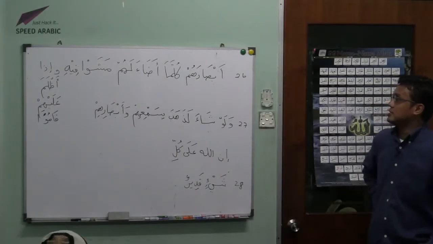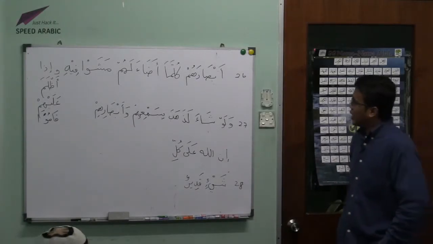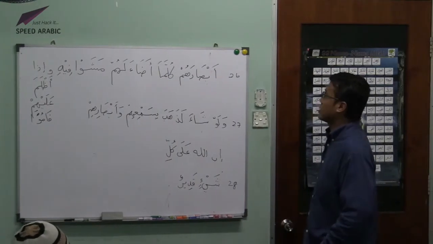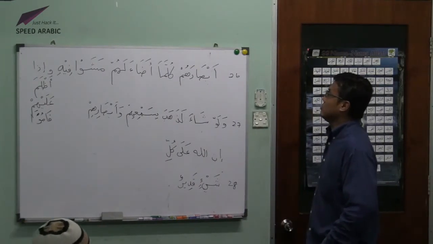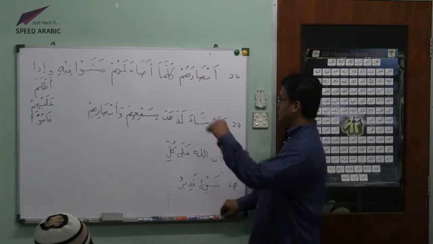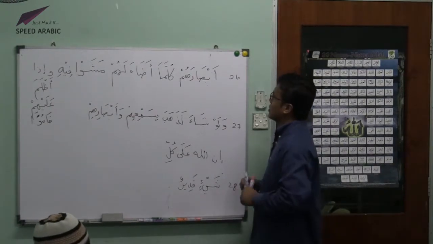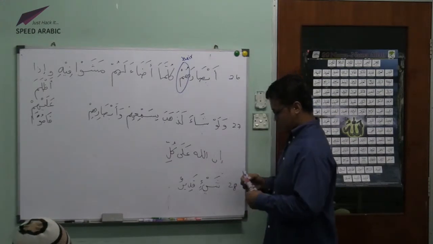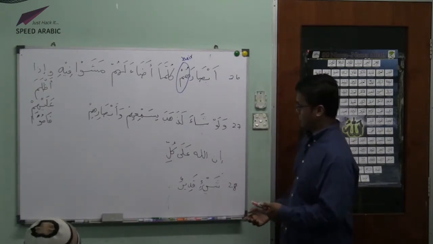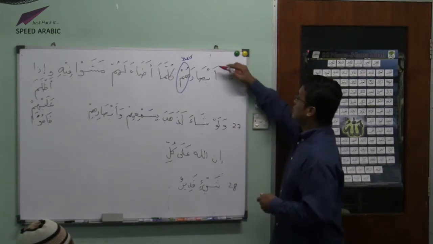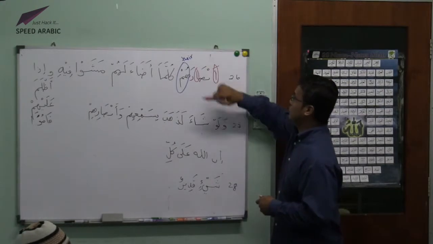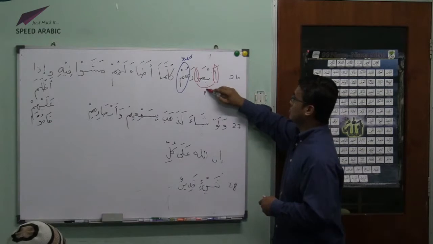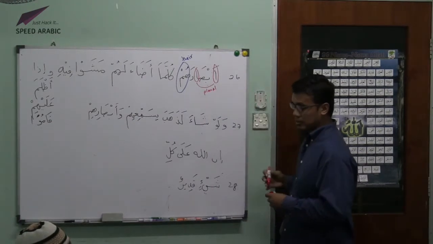Okay, line 26. Line 26. We can do this together. Absarahum. Their home. Hamzah dengan alif. Plural.